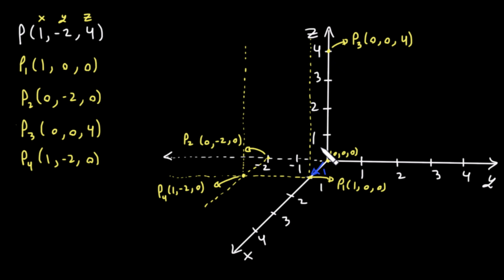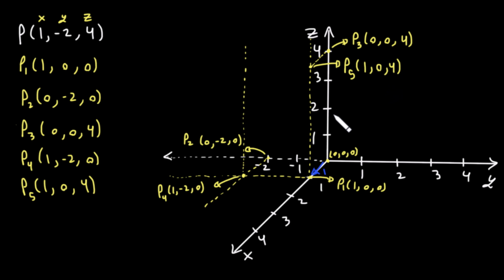Now, we have to plot the point P5, which is 1, 0, 4. How to plot it? By drawing parallel to x-axis like this. They intersect here. This point represents P5, which is 1, 0, 4.